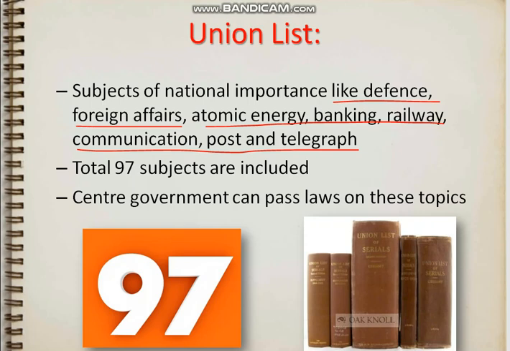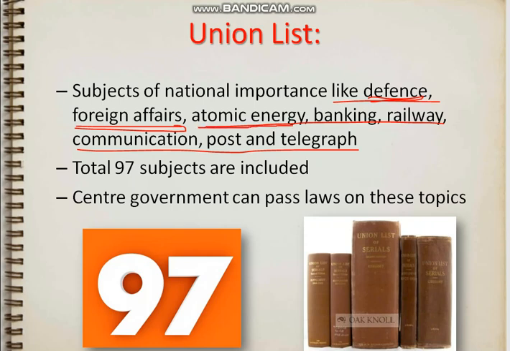It means the central government makes rules and regulations related to all these subjects. It takes decisions related to defense, like whom to consider a war with, whom to have a friendship treaty with. Then foreign affairs. Okay, which countries we will support, which countries we will offend. All those decisions are taken by the union.